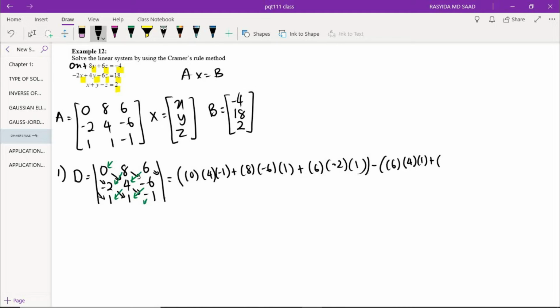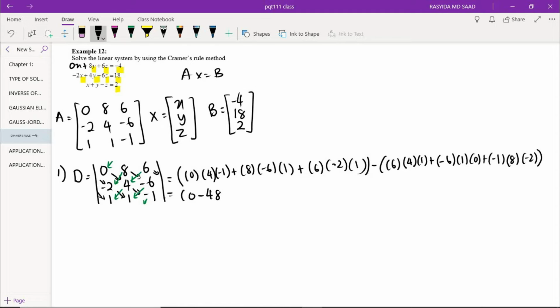So we write down one by one. Negative 6 times 1 times 0 plus negative 1 times 8 times negative 2. Okay, and then try to solve it. Remember, just use your calculator. 0 times 4 times negative 1, 0. 8 times negative 6 times 1, you get negative 48.